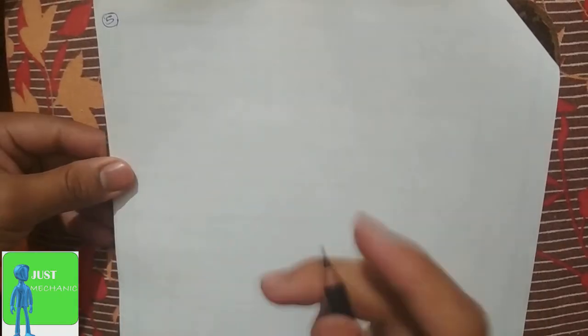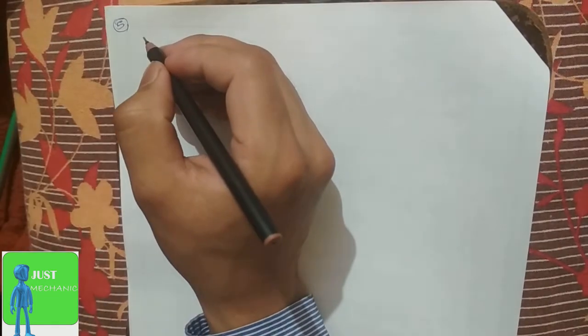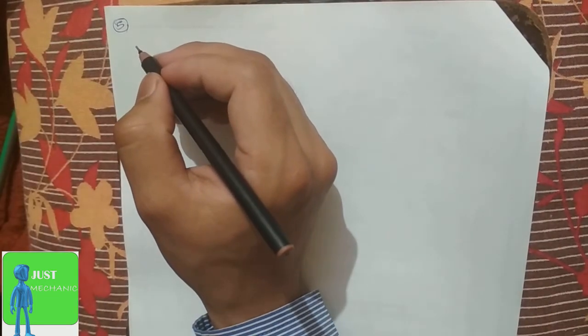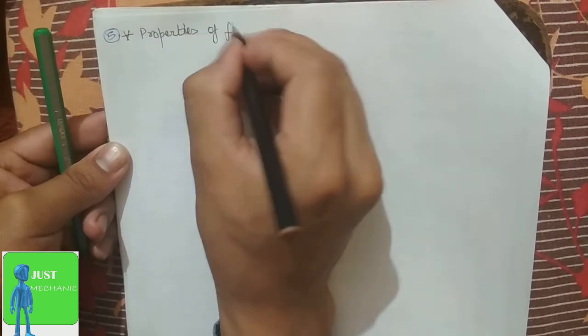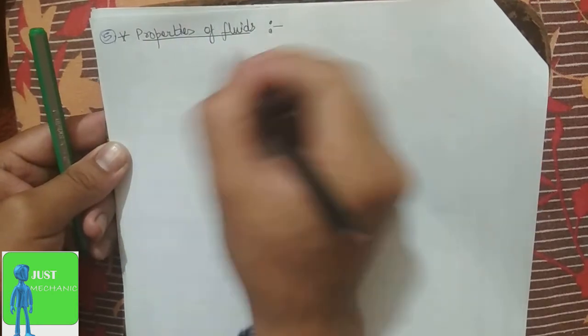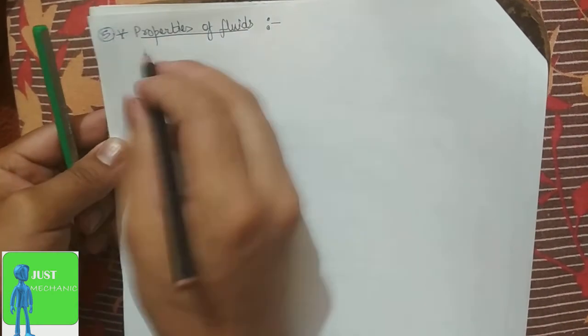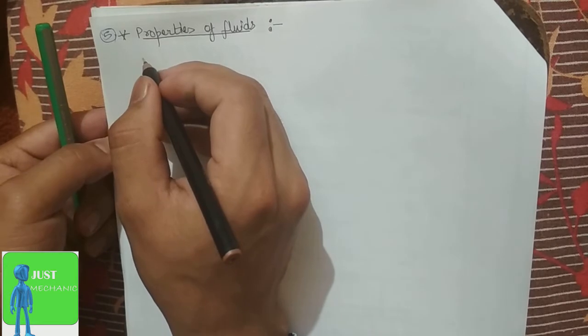The last topic we have to cover in this video is about properties of fluids, on which various numericals are commonly asked in the exams and which is very important from the exam point of view.